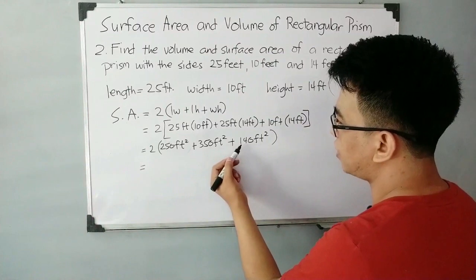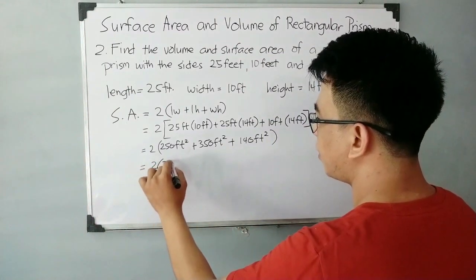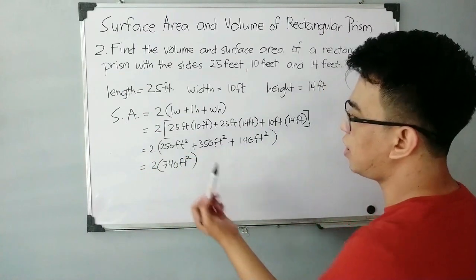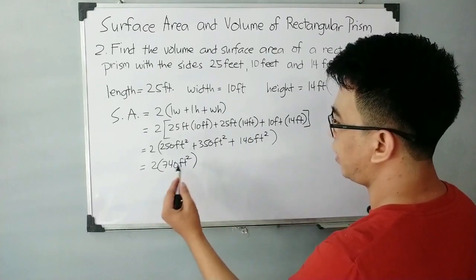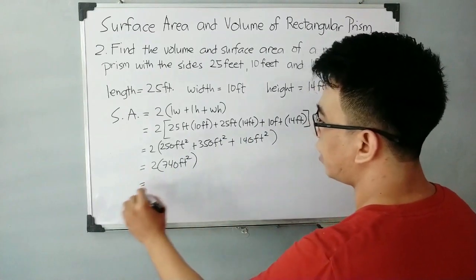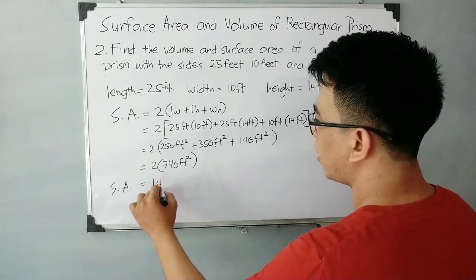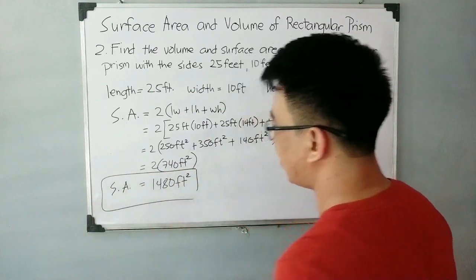Plus 140, that is 740 feet squared. 2 times 740 feet squared. Check natin 250 plus 350, 5, 6. Okay. Then multiplied by 2, that will give you the surface area of 1,480 feet squared. This is the answer for the surface area.